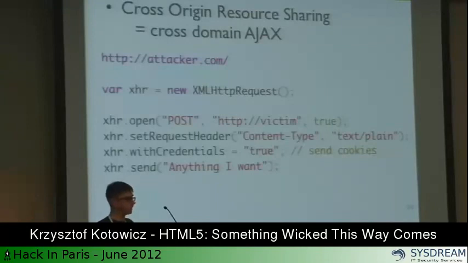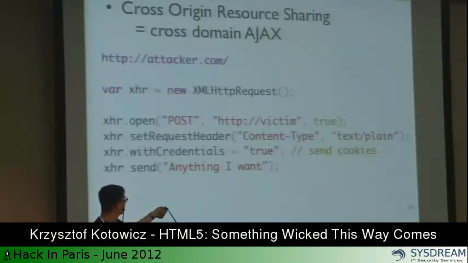And what is the setup? Well, the setup is that I need to lure Bob into visiting my page. And within that page, very simply a JavaScript code constructing an XML HTTP request object and sending a post request to the victim. This is a photo sharing site, for example.